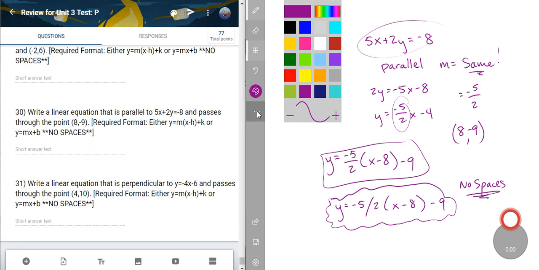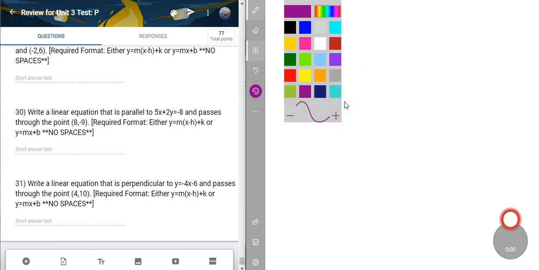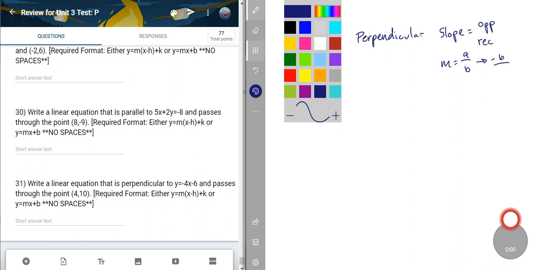Okay, last question. Let's finish strong. We've got a linear equation that is perpendicular this time. So perpendicular tells me that my slope is the opposite reciprocal, right? So if it was some a over b, it's going to become negative b over a.